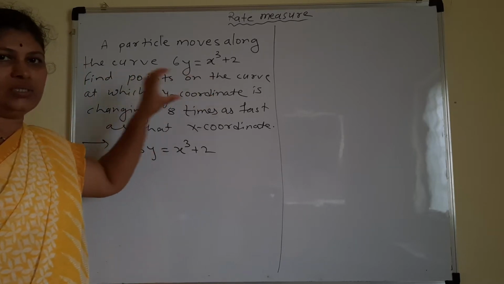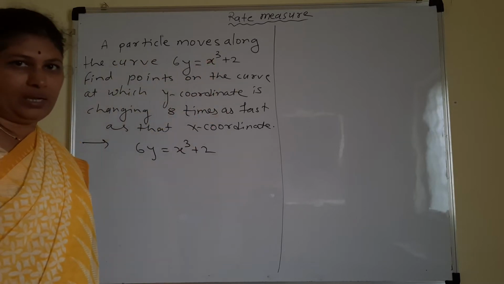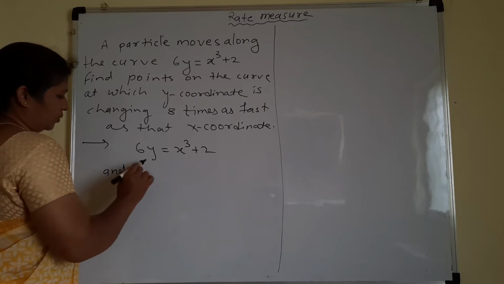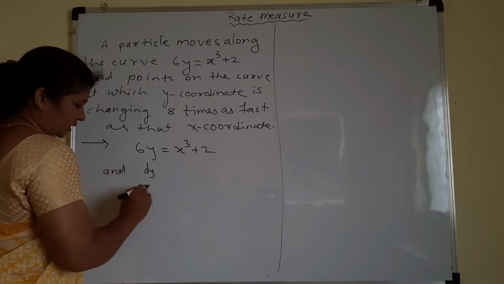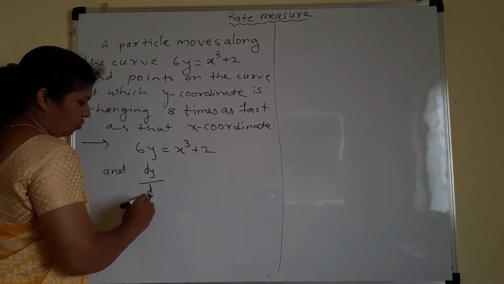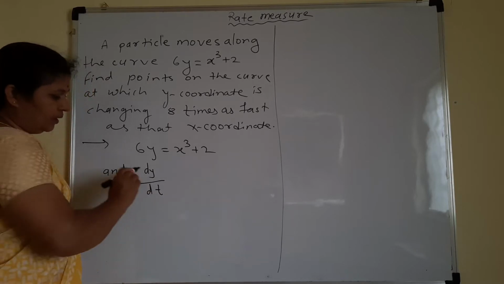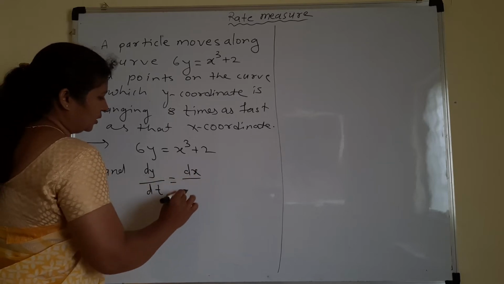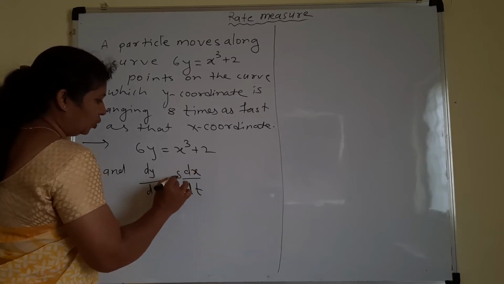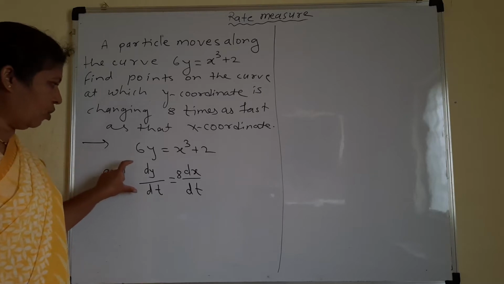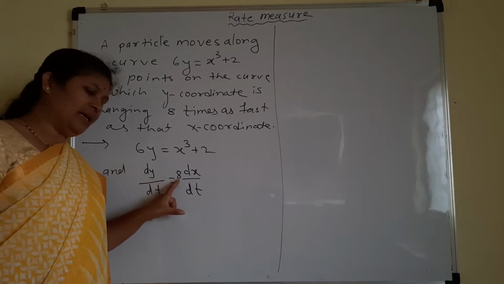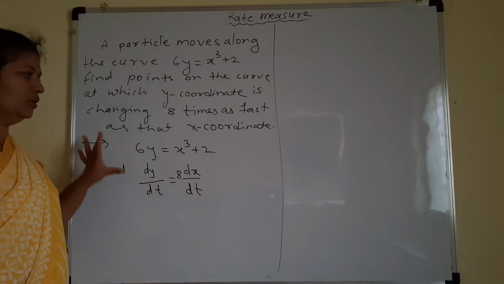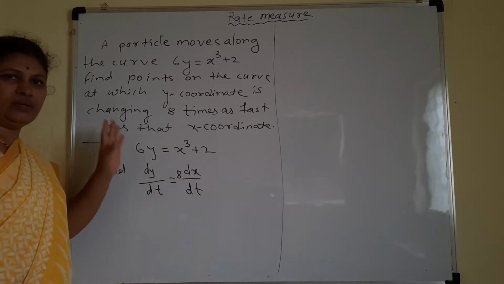The y coordinate changes 8 times as fast as that of the x coordinate, that is, the rate of change of y with respect to time t, dy by dt, is equal to 8 times the rate of change of x with respect to time, dx by dt. Okay, this is the given part.